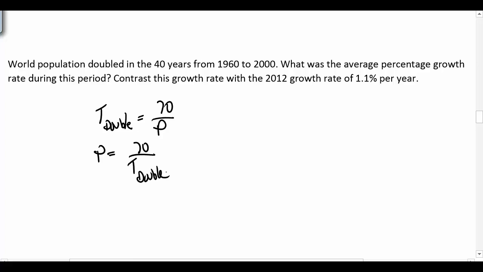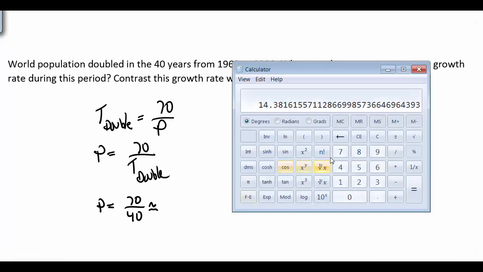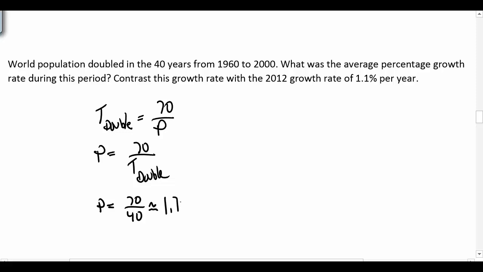If it took 40 years to double, then the percent would be 70 divided by 40, which works out to about 1.75. Compare that to the actual percent in 2012 of 1.1. That's not bad. That means the formula is actually pretty close to the actual.